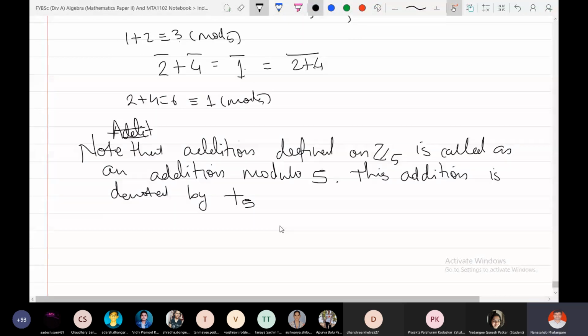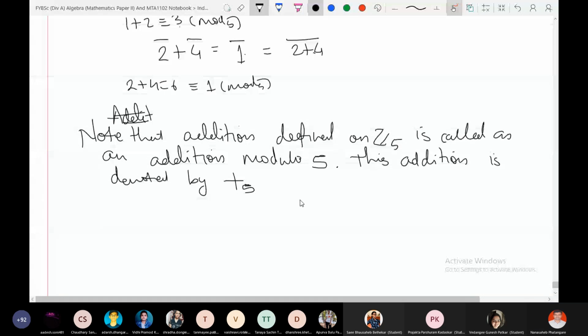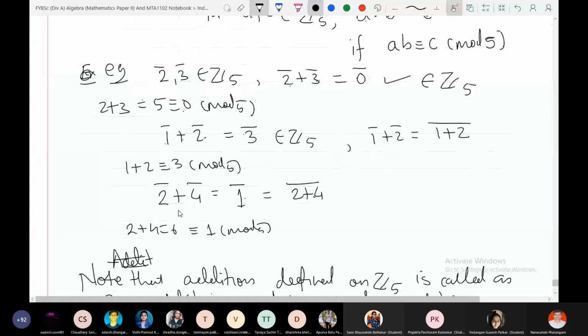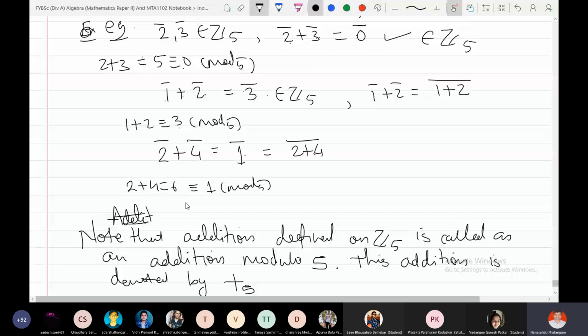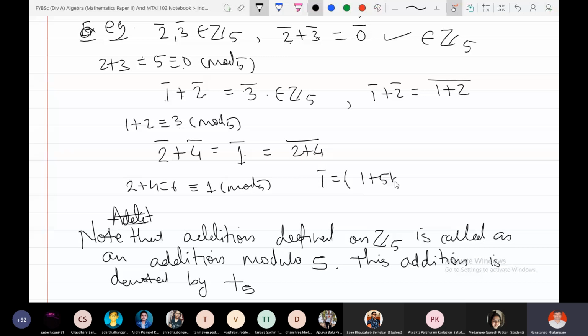Can you repeat that? How is the class the same? See, what is the class of 1? What is the class of 1? 1 plus 5k, if you see yesterday's discussion. Right, and 6 is in the class of 1 bar. Is it correct?